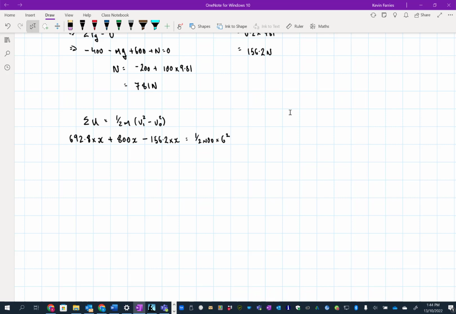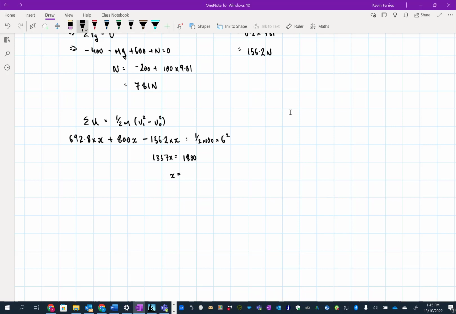So let's figure all that out. 692.8 plus 800 x's minus 156.2 x's is equal to 50 times 6 squared, 50 times 36 is equal to 1800.